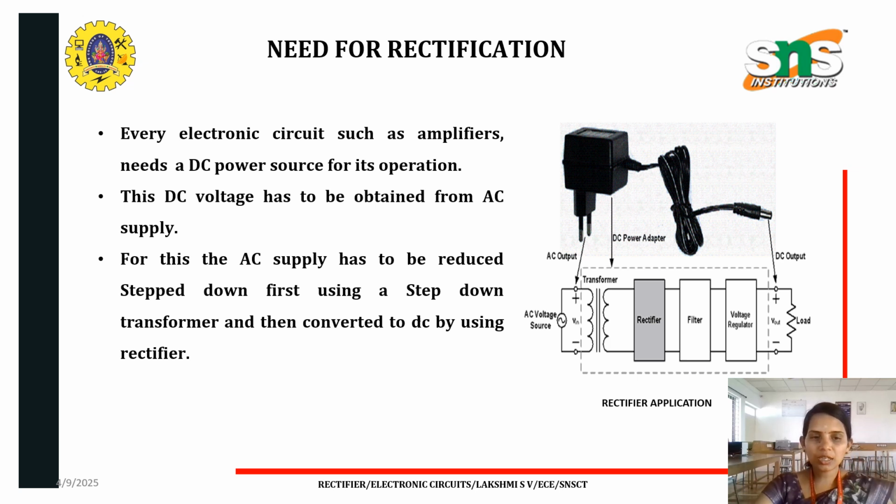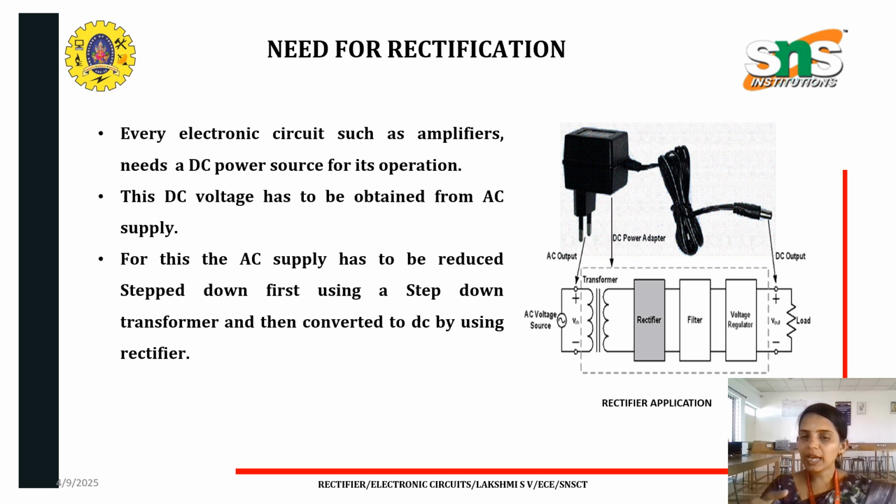I have quoted here, you can look at this figure. Here it is given that initially the 230 volt has to be stepped down using the step down transformer. According to the rating of the transformer, the 230 volt would get reduced and then it is given to a rectifier circuit for the conversion of AC into DC.